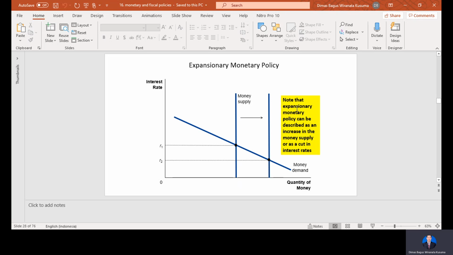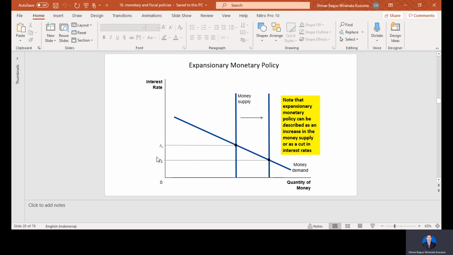Note that expansionary monetary policy can be described as an increase in the money supply or as a cut in interest rate. So when the central bank increases the money supply, it will move the money supply curve to the right. The shift to the right will make the interest rate fall from R1 to R2.